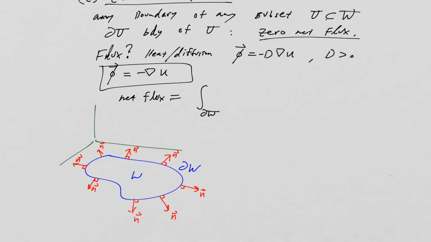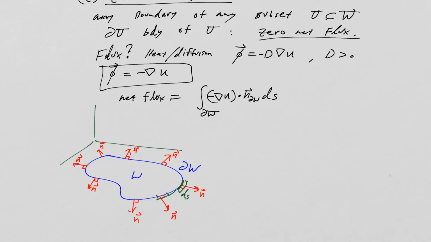So it's going to be a single integral around the boundary of the negative gradient u, dotted with the normal of the boundary, ds. I'm going to write that as a green line here, like there. That's going to be this length here, every little length segment of every little piece of the boundary.